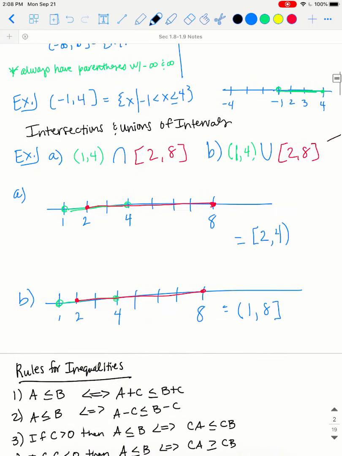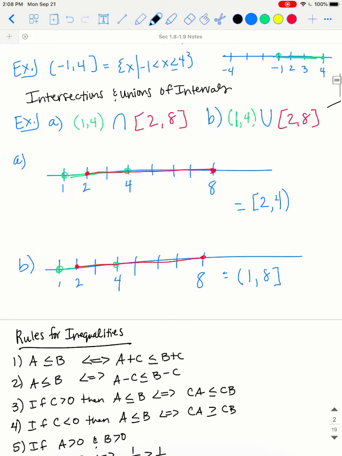Alright, so here's an example. I have negative 1 to 4. So I have x is greater than negative 1, and x is less than or equal to 4. Oh, sorry, that's a parenthesis.